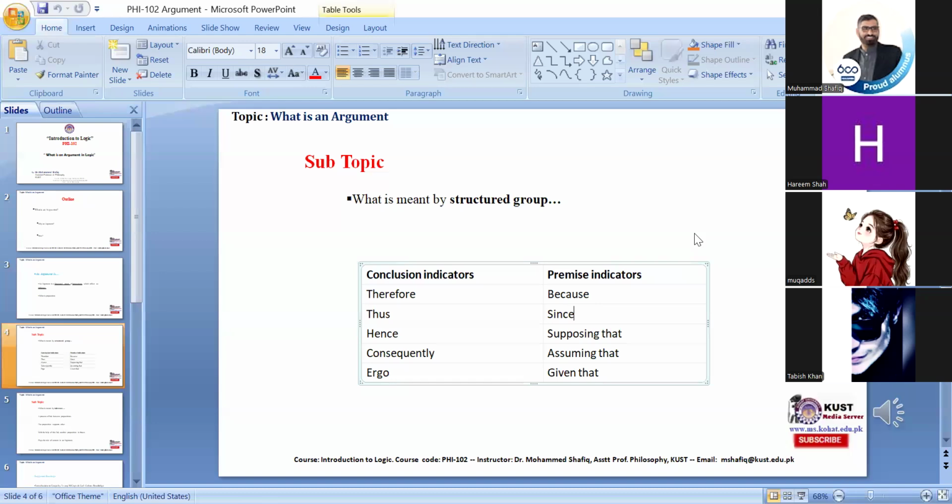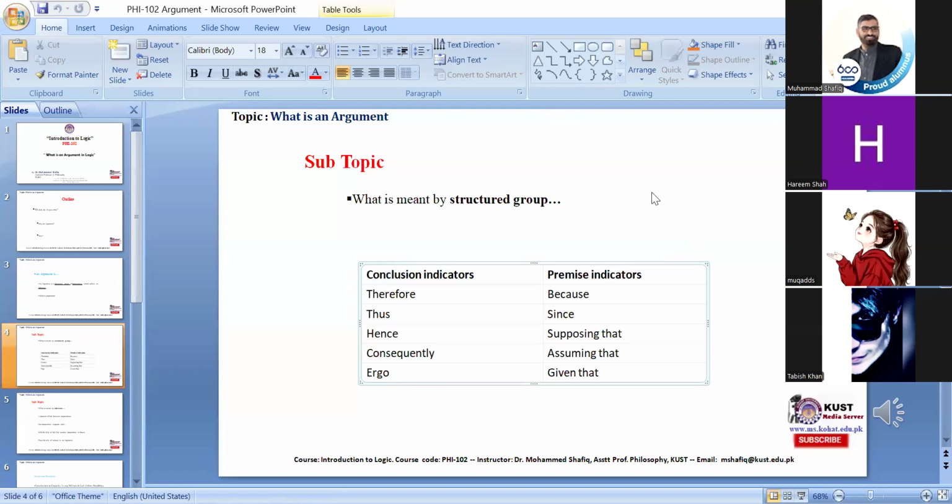We asserted that whoever is a student must be intelligent, and because Mr. X is a student, the conclusion says that Mr. X is intelligent. So this is the simplest form of an argument, and even this argument has three propositions.